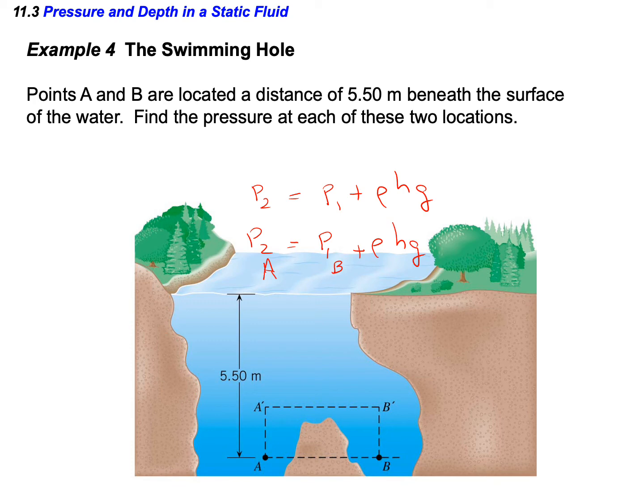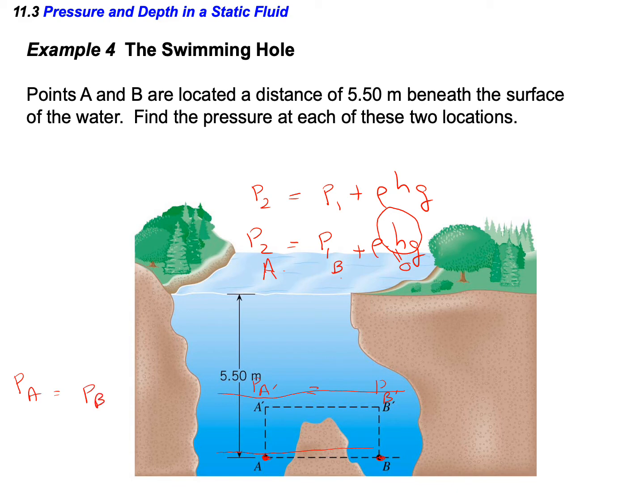But we know A and B are at the same level, which means H is 0 because it's the same level. Pressure at A is pressure at B. So if we are talking about points at the same level, it can be A and B, or it can be A prime and B prime. The pressure at A prime is equal to pressure at B prime because pressures at the same level are equal.